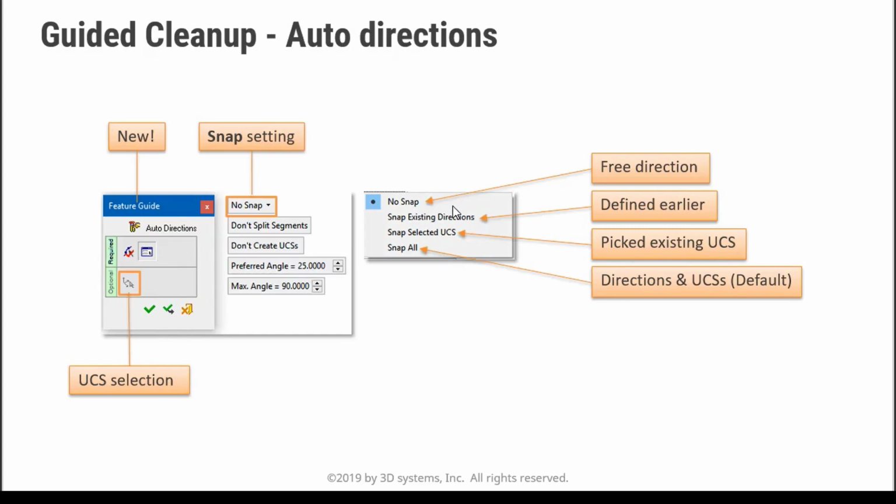No snap, which means free direction. Snap to existing directions, which means directions that were defined earlier. Snap to selected UCS, where we can pick the desired UCS. And snap all directions and UCS, which is the default option.